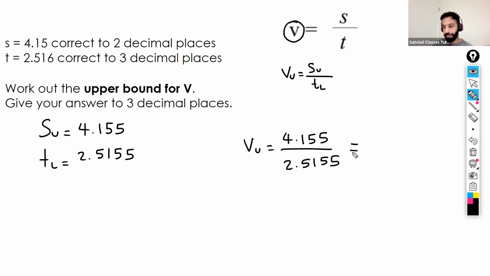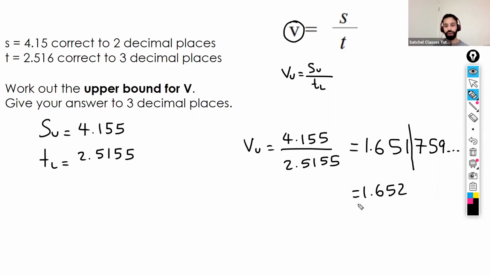And then once we type that into our calculator, 4.155 divided by 2.5155, that gives us 1.651759 and so on. But the question says round your answer to 3 decimal places. So that's going to be 1.65, and that 1 is going to round up because of the 7. So 1.652 is our answer.